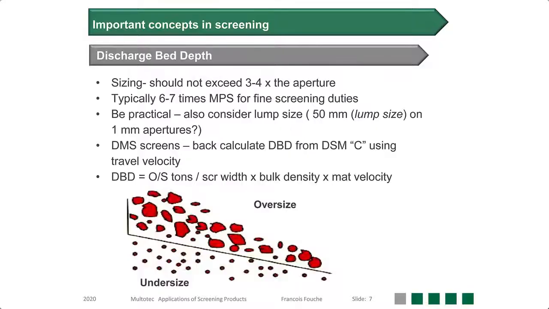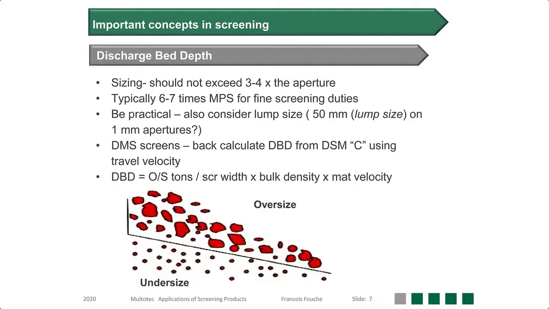When we talk dense medium screens, the DSM manual does not directly state a limit on discharge bed. In this case, it's possible to back calculate the discharge bed from the capacity factor that we calculate. Remember, that's going to give you tons per hour per meter screen width. So we back calculate the discharge bed using a low G-force 6-pole motor drive, which was the standard at the time.